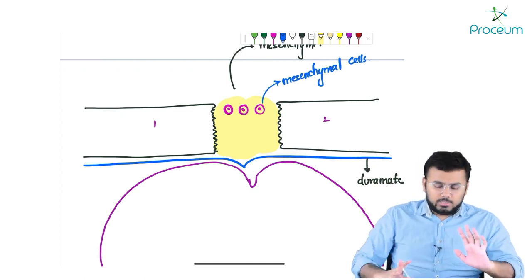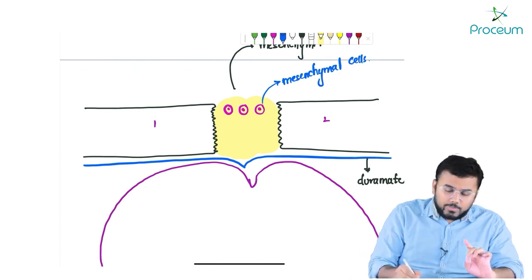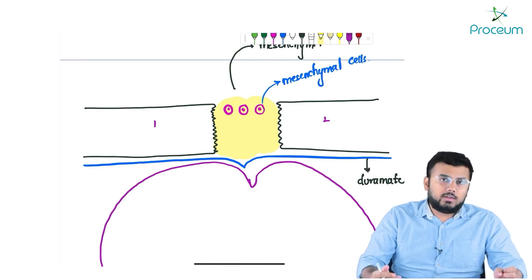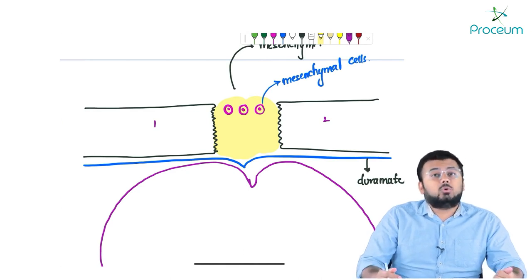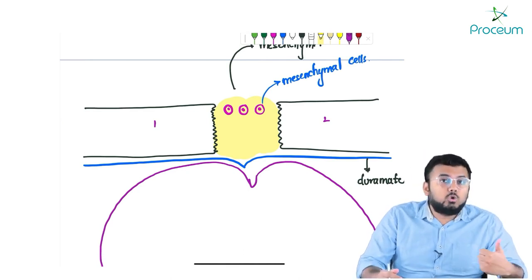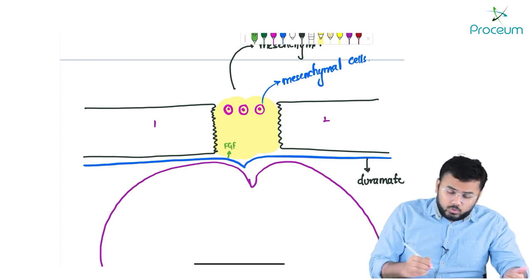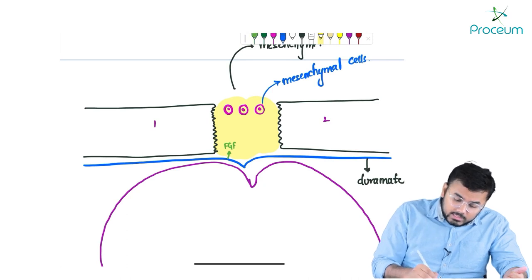Normally, this dura mater starts releasing some growth factors. For example, it releases a growth factor called fibroblast growth factor. Now, these mesenchymal cells already have some receptors.